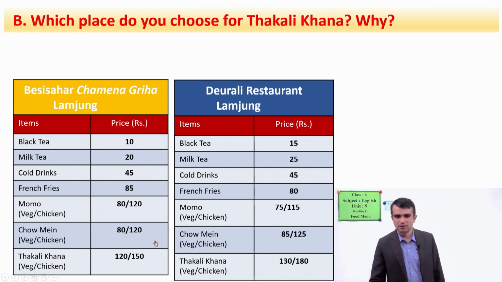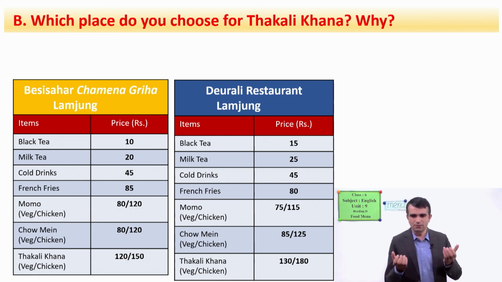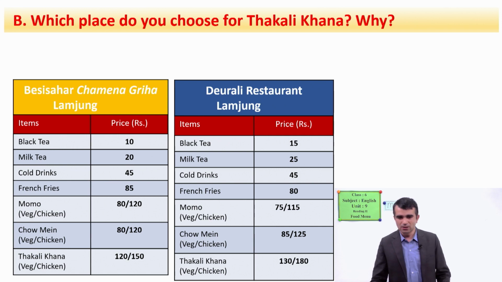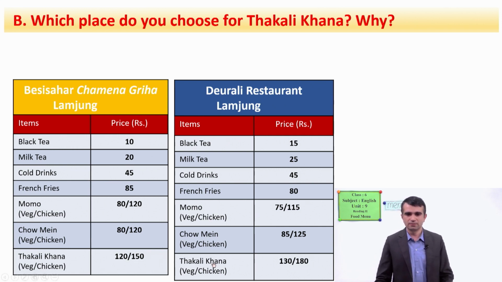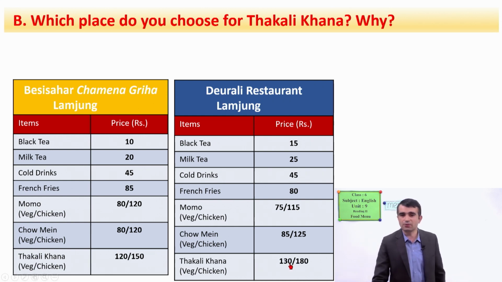Yes? So, before you go there, what do you see? If you have the food menu with you, what do you see? The price? Yes. If you compare price, which one is more expensive? Yes. For thakali khana, Devrali restaurant is more expensive. Now, if it is more expensive, do you go there or not?